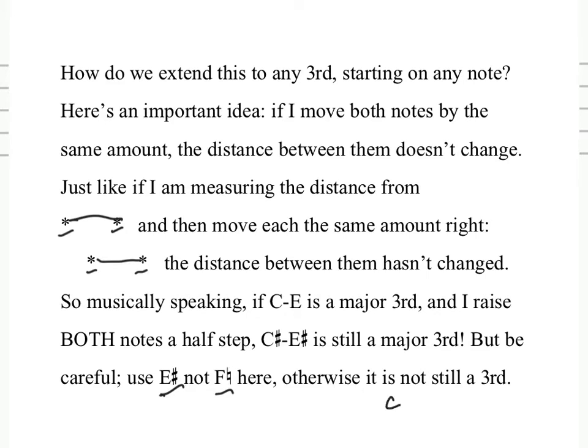In other words, if I had C sharp to F natural, I'm counting C, D, E, F, and those are 4 letters I'm counting, not 3. So in this case, if it's going to be a third and the bottom is C sharp, you have to spell the upper part of the third with some kind of an E, in this case E sharp.